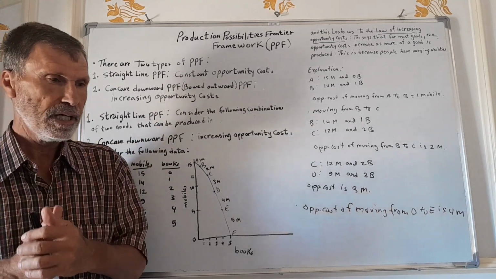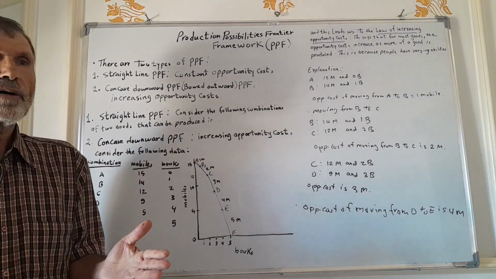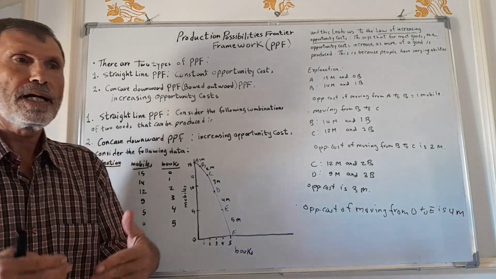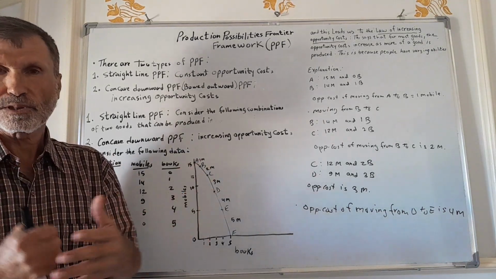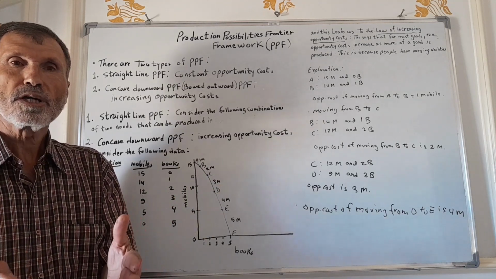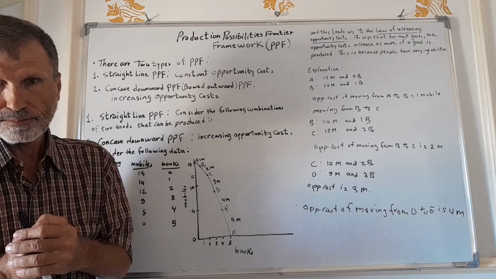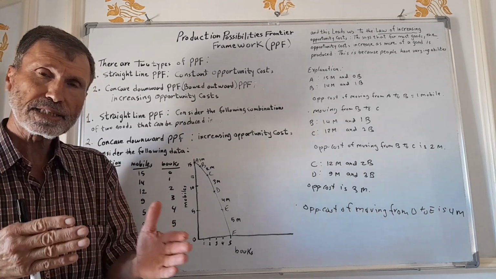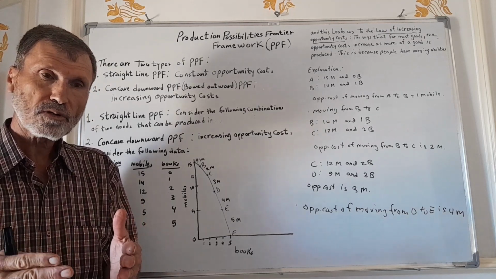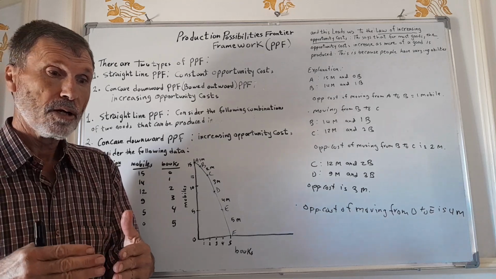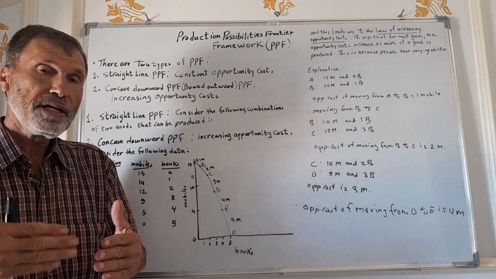Let's say a tomato farm company starts picking tomatoes. It employs the most highly skilled tomato workers, and these highly skilled tomato farmers have lower opportunity costs.